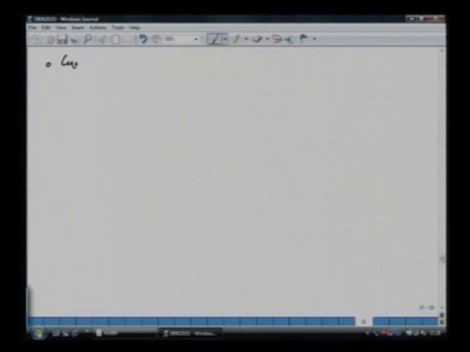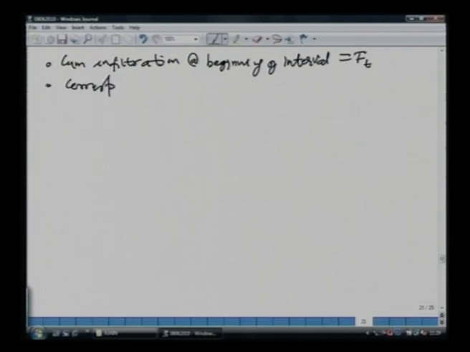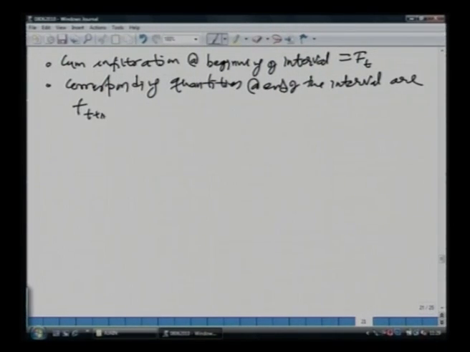The cumulative infiltration at the beginning of the interval is equal to capital F t, and the corresponding quantities, that is small f and capital F at the end of the interval, let us say small f t plus delta t and capital F t plus delta t.